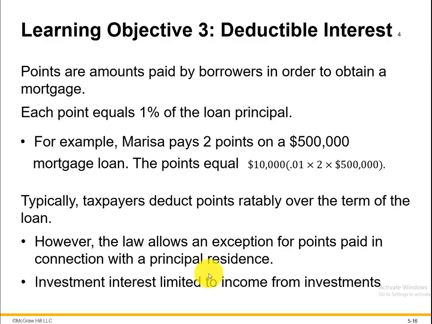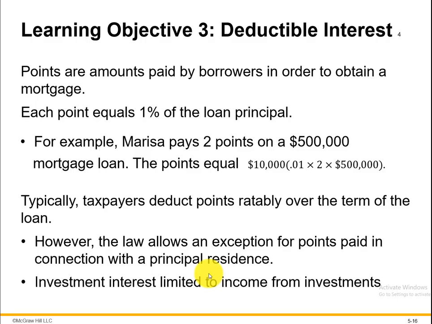However, our tax law says, in the case of your personal residence, and if you pay for points, we'll give you a break because we want to encourage home ownership. We want to make it a little easier for people to buy houses. And so if this is your personal primary residence, we'll let you deduct the points all in the year that you close on the house. Okay? So that's a kind of a break.